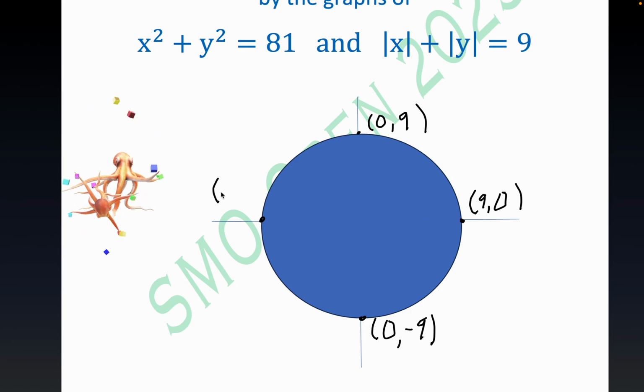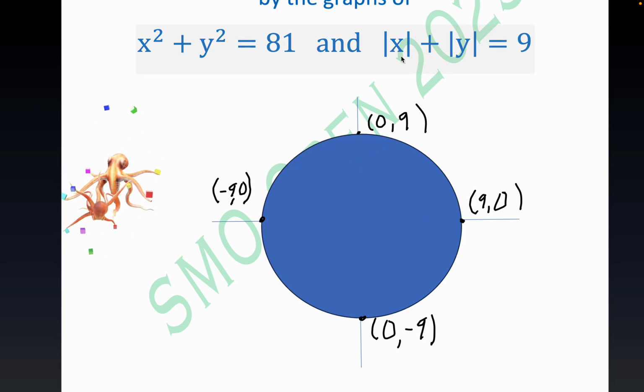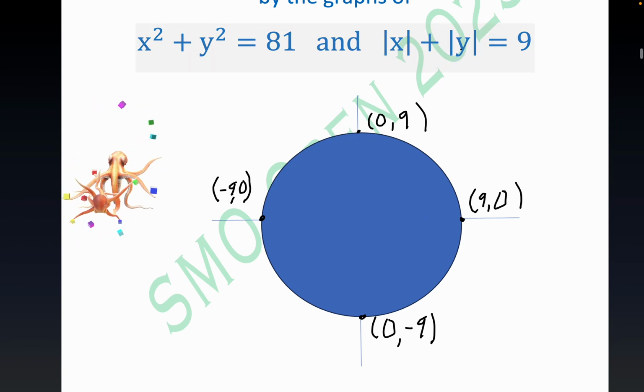Now, what makes this thing very pleasingly symmetrical? This absolute value equation may not be quite as familiar to most of you, but notice that these 4 points are the easiest points, the intercepts, that satisfy this absolute value equation. 0, 9 is certainly a point on this graph. -9, 0, and so on. You can just tell by the definition of absolute value.